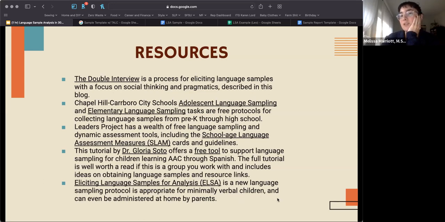And what's cool is that there is a protocol for helping parents take language samples at home, in part because there is a lot of evidence that parents sometimes see better, more robust language in their setting than we do in ours, in the clinic and at home. I mean, at school.